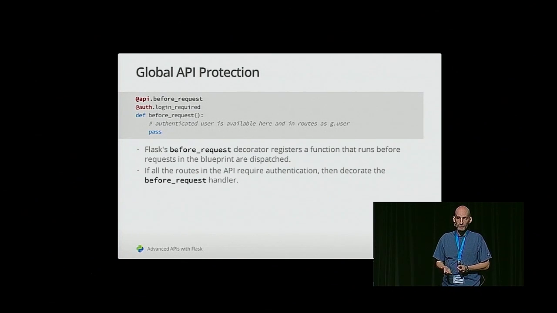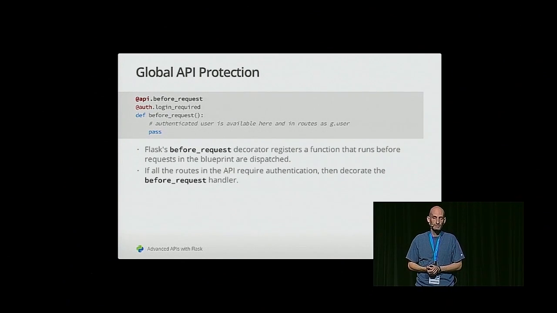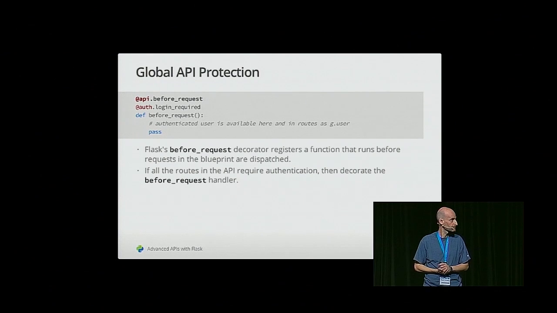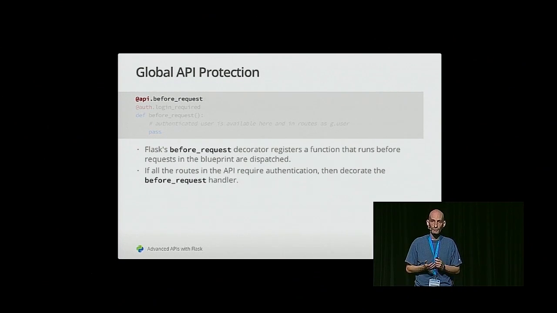So it may be repetitive to say login required on every route of your API if you have a large API, and more often than not, you want to protect all your API endpoints with passwords. So one little trick that you can use in that case is to set up a before request handler. This is a Flask feature. You can set up, again with a decorator, a function that is called before any request is handled.